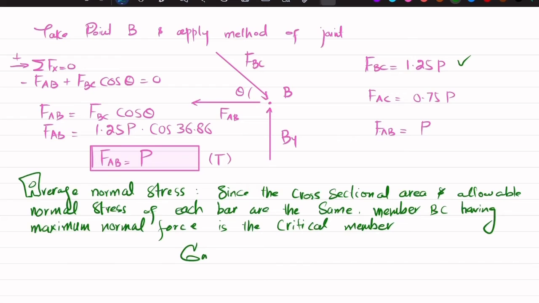We know that allowable average normal stress is equal to FBC, because this is the maximum, divided by area.